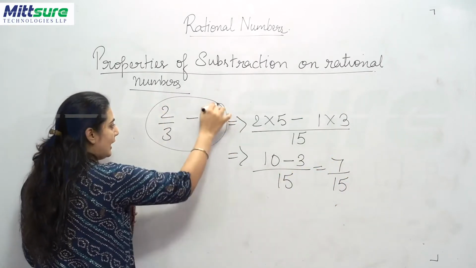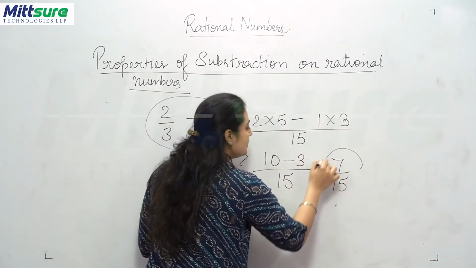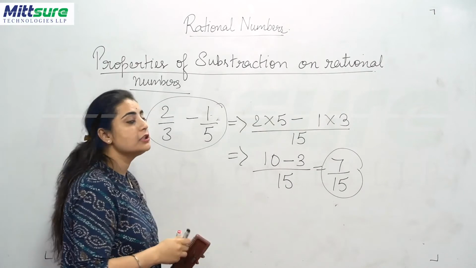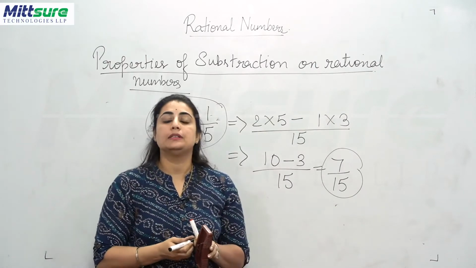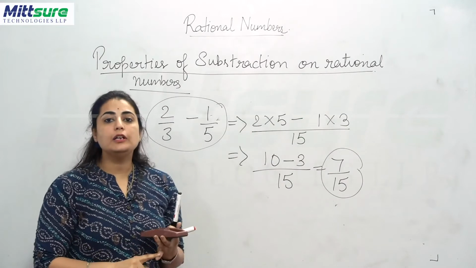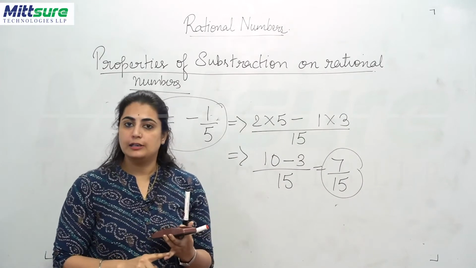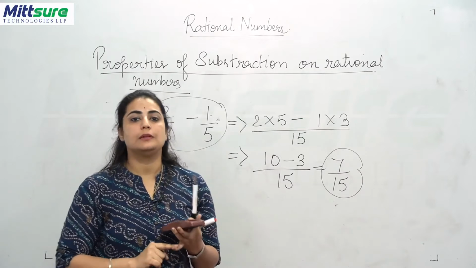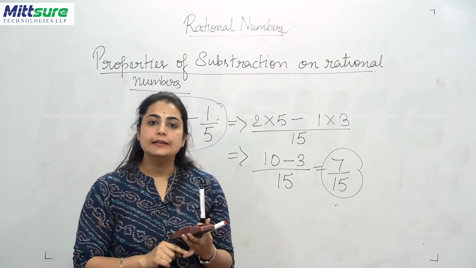So these were rational numbers and the difference is also a rational number. So this is the first property of rational number subtraction: whenever you subtract two rational numbers, the difference is also a rational number.